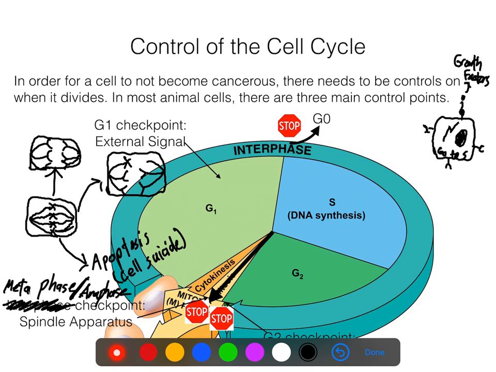And this is because, if you've gotten to the point of metaphase and something has so seriously gone wrong that the spindle isn't hooking up properly, this cell should probably not reproduce, right?